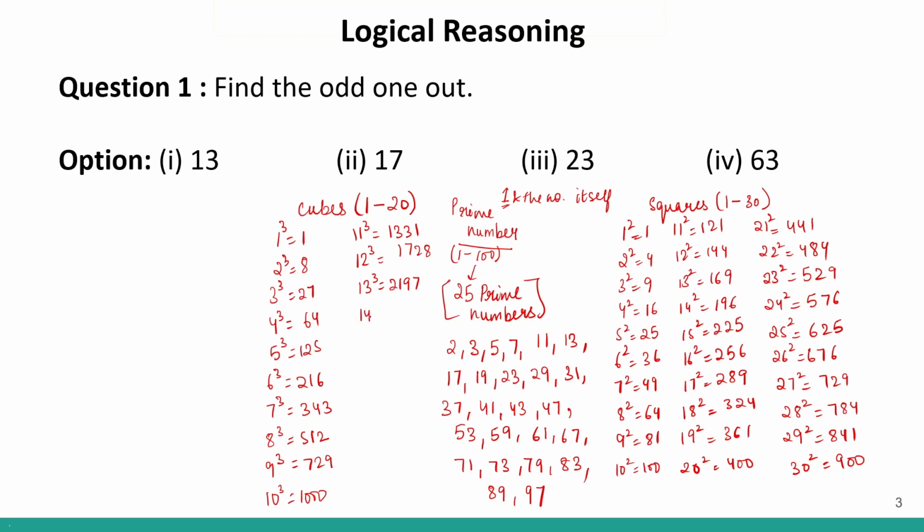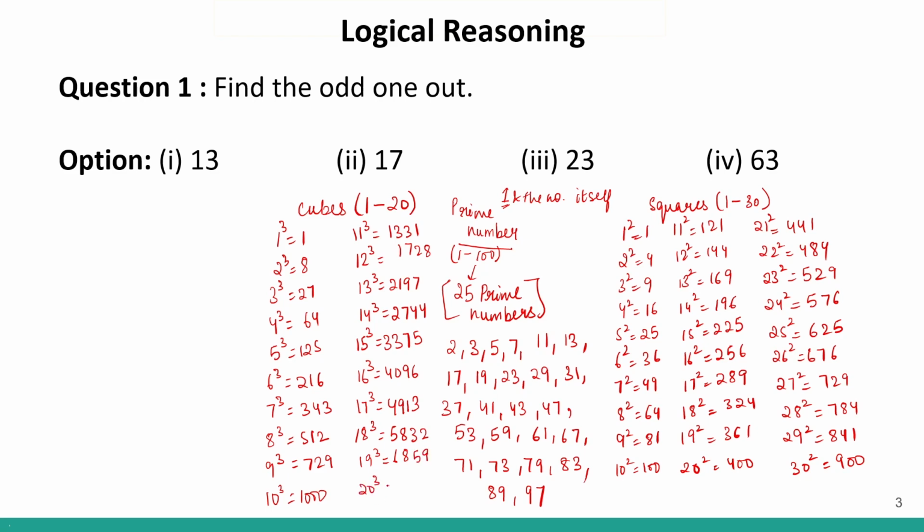Then 13 cube is 2197. 14 cube is 2744. 15 cube is 3375. 16 cube is 4096. 17 cube is 4913. 18 cube is 5832. 19 cube is 6859.